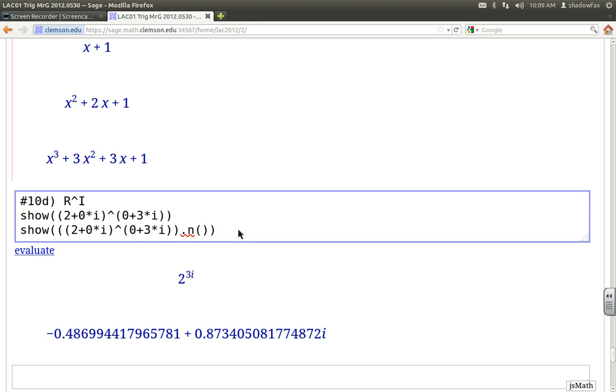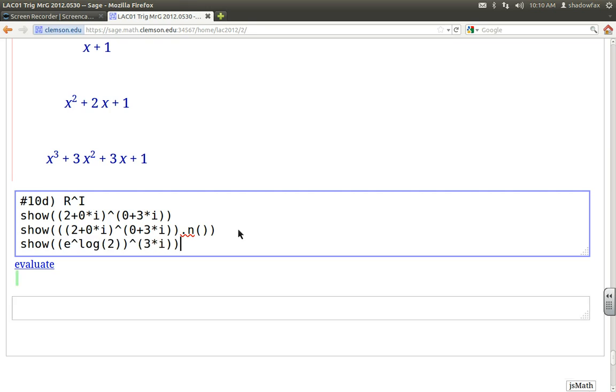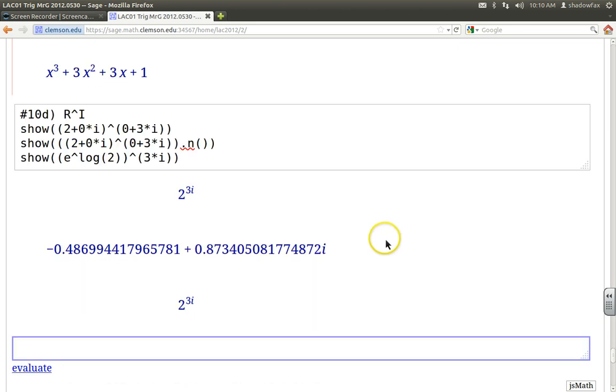How about this? Show e to the log of 2, to the 3i. All of this to the 3 times i. Is that the same thing? It is. Why?